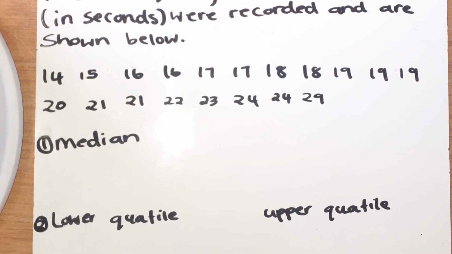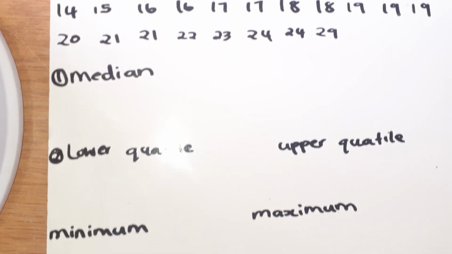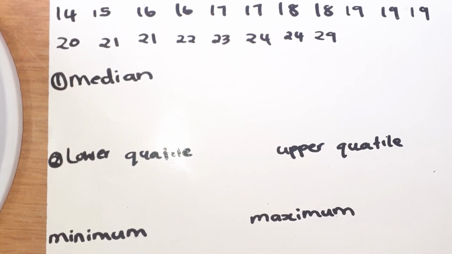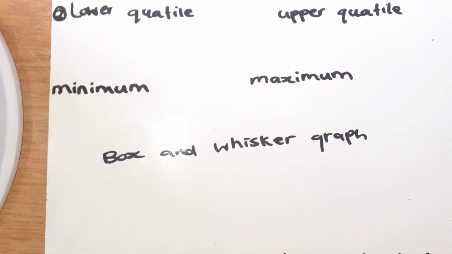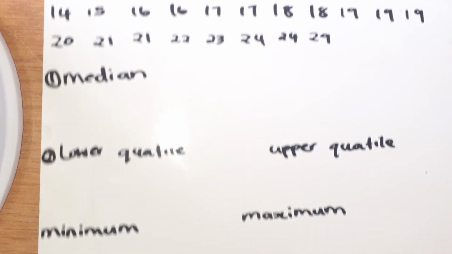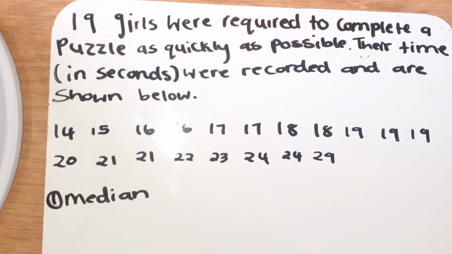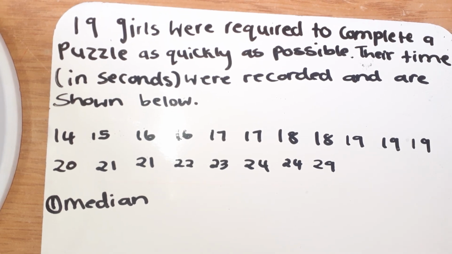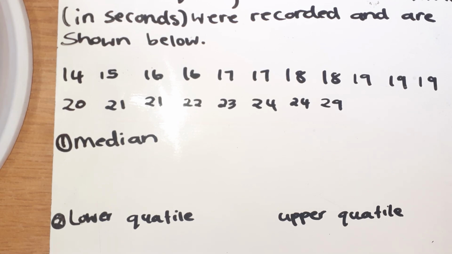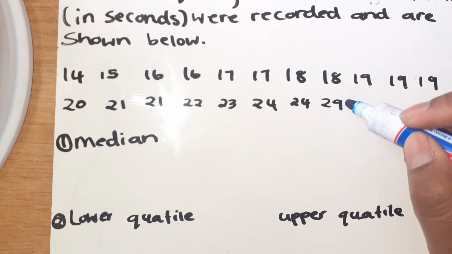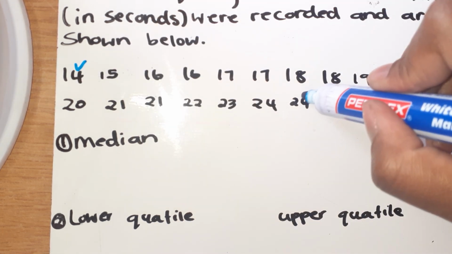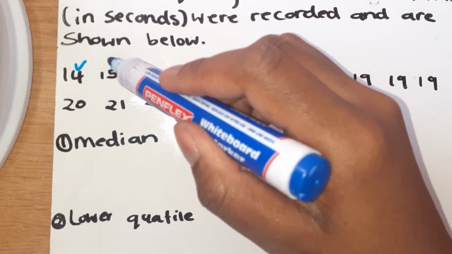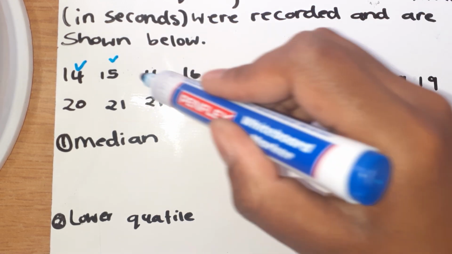And then in the questions, you can be asked to calculate the median, the lower quartile, upper quartile, minimum, maximum, and to draw the box and whisker graph. So we are going to start with the median. The median is the middle number. So let's mark this and this, like this.